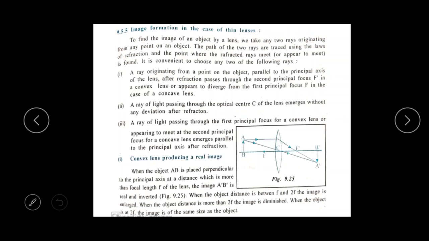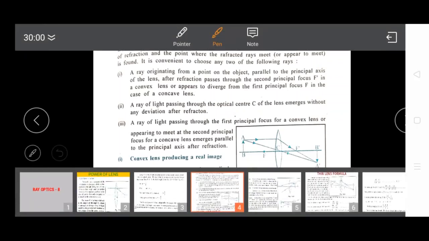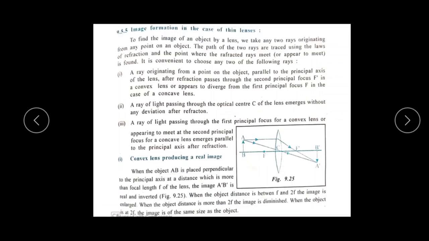Then if a convex lens is producing a real image, how does it form? See here, when object AB is placed, this is an example, the same diagram we are taking here for the real image using a convex lens. This is the convex lens here, C is the optical center, F is the first principal focus, F dash is the second principal focus, AB is the object, and A dash B dash is the image.